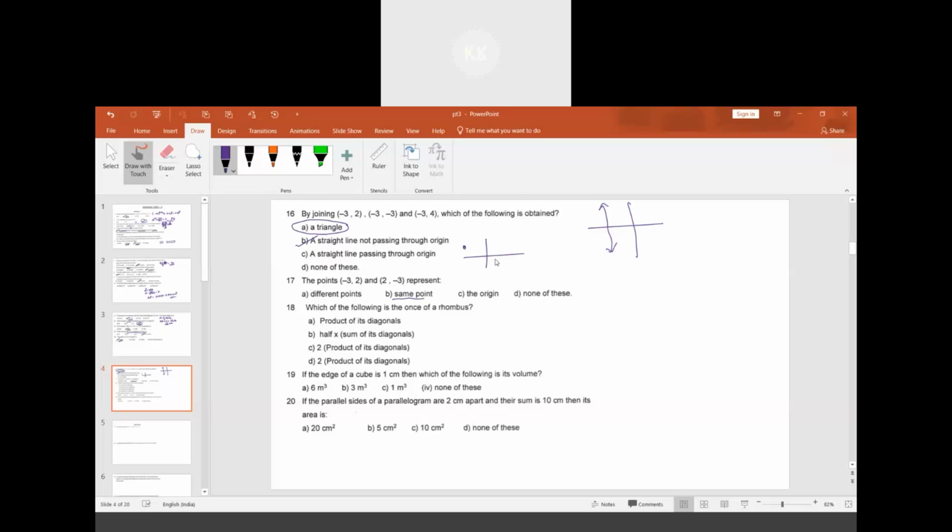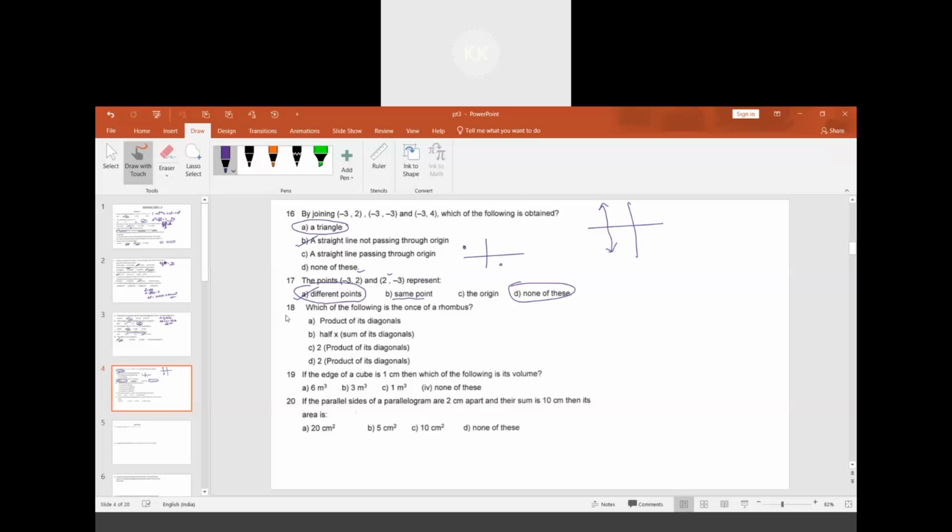This is one point, this is another point. Here there are two options, but preferably you have to take option A as the answer, not option D. Since they are different points, we have to pick different points only, sir.